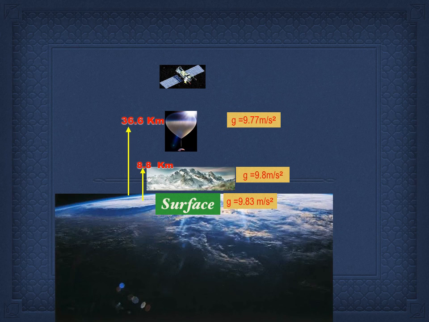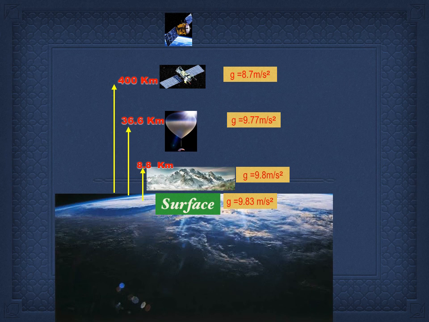Now suppose a typical weather satellite which is launched at a height of 400 kilometer. You can see the value of g decreases to 8.7 meter per second square. So the value of g decreases from 9.83 to 8.7 meter per second square. Now suppose a communication satellite which is launched at a height of 35,700 km.